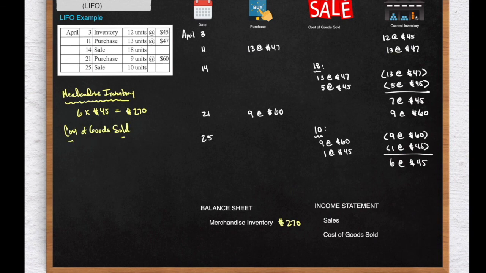And if you look at that last column, it's anything in brackets, because remember, we put brackets around those values because we sold those units. So it's 13 at 47, 5 at $45, 9 units at $60, and 1 unit at $45.